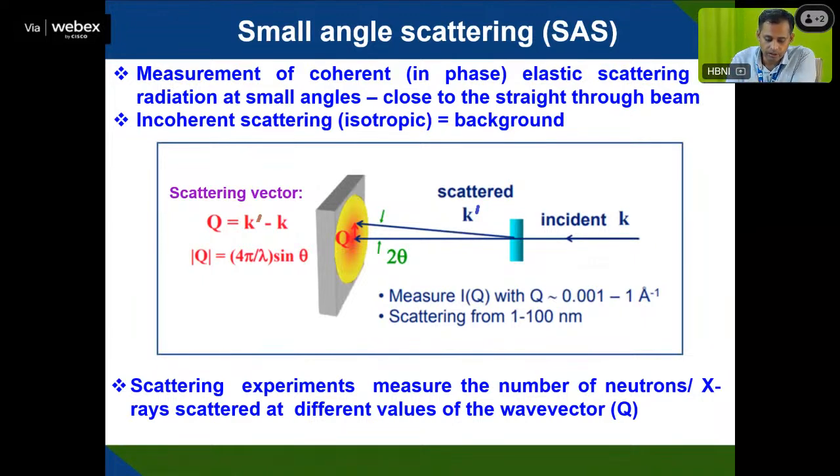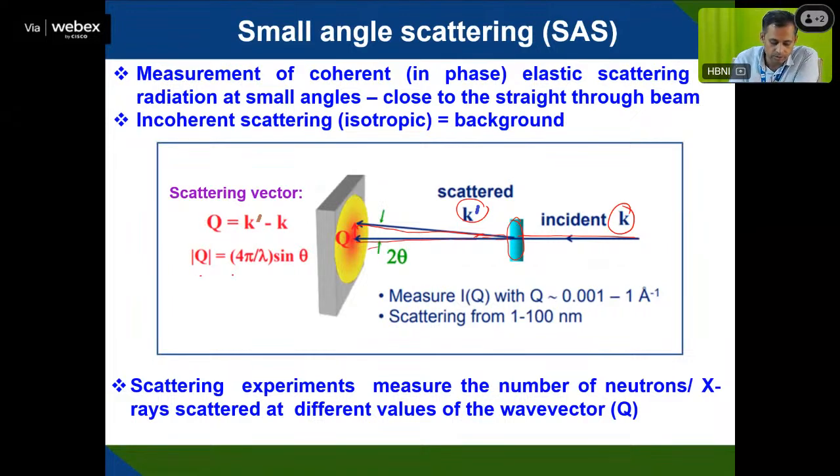So if you see, this is the sample, here is the sample surface, then the incident beam is coming here and falling on the sample surface, and then you can see the straight line, and then the scattering here, at an angle of 2 theta. So here, if K is the incident wave vector and K dash is the scattered one, then the Q wave vector will be K prime minus K.